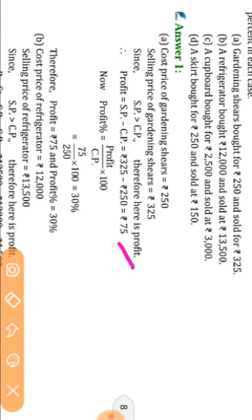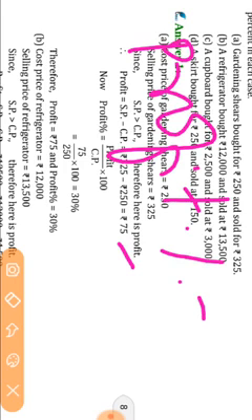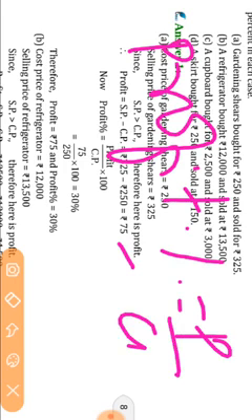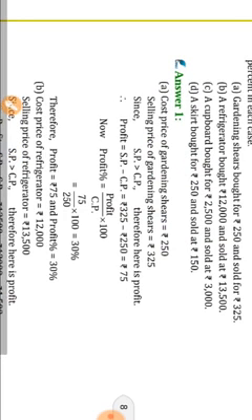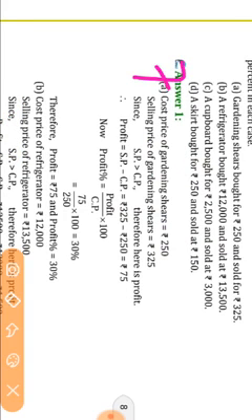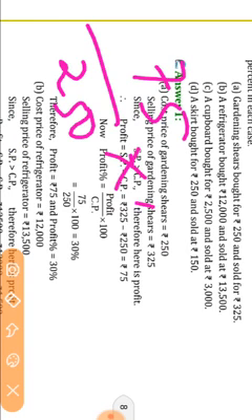Profit percentage is nothing but profit divided by CP into 100. So profit percentage is 75 rupees out of 250 cost price into 100.